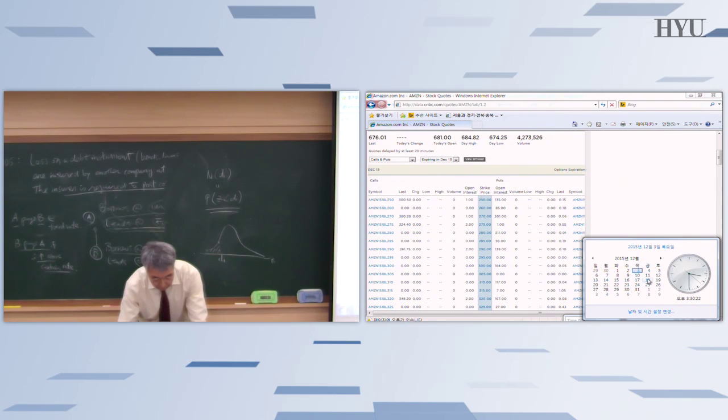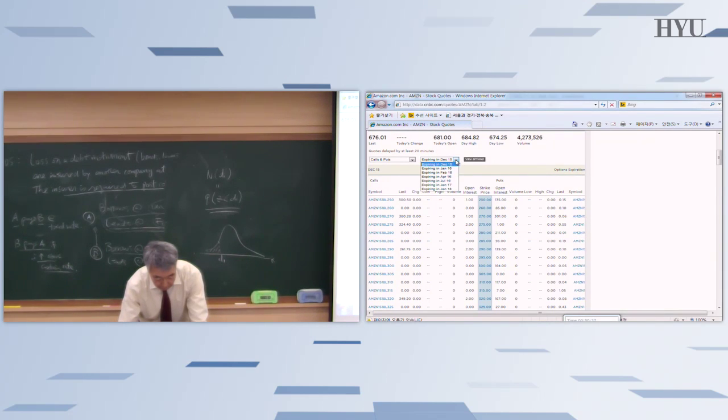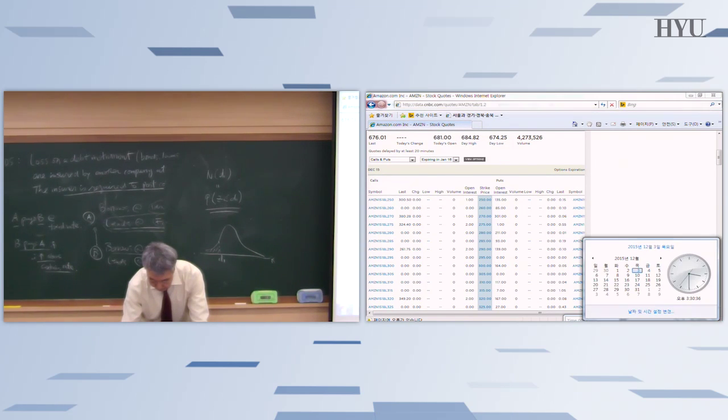This is interesting. January 16. January 16, that makes sense. First Friday, second Friday, third Friday, so 16 is the expiration date.